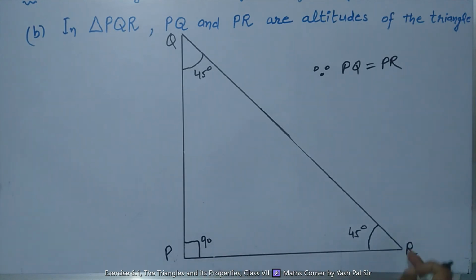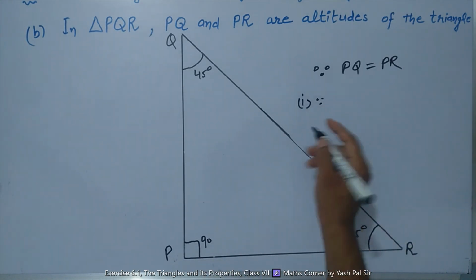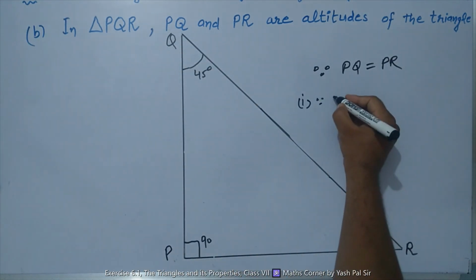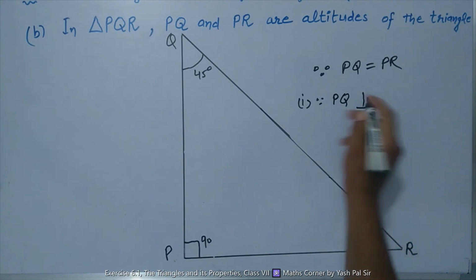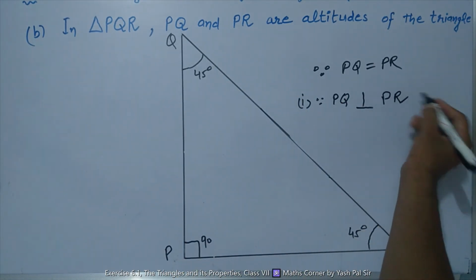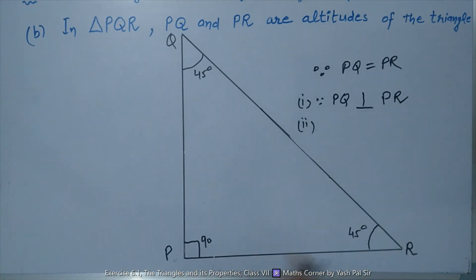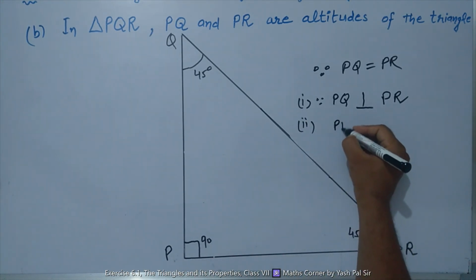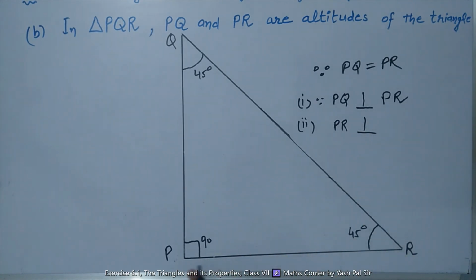Now because number 1, PQ is perpendicular on PR. Number 2, PR is perpendicular on PQ.